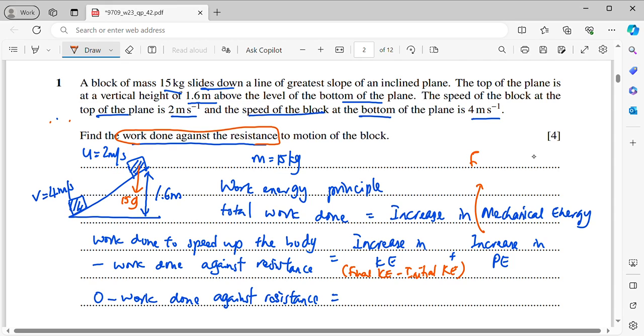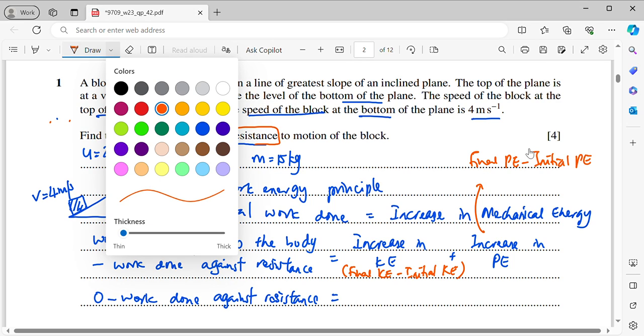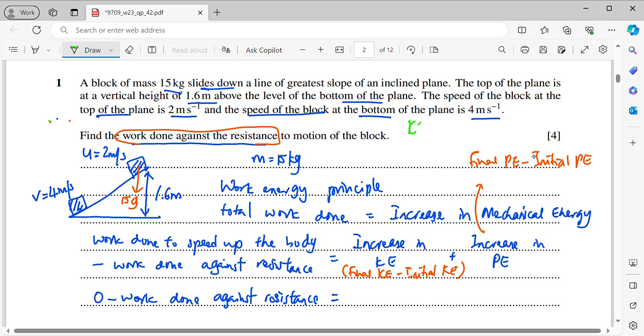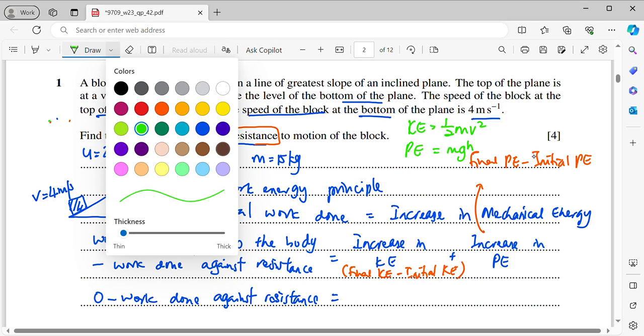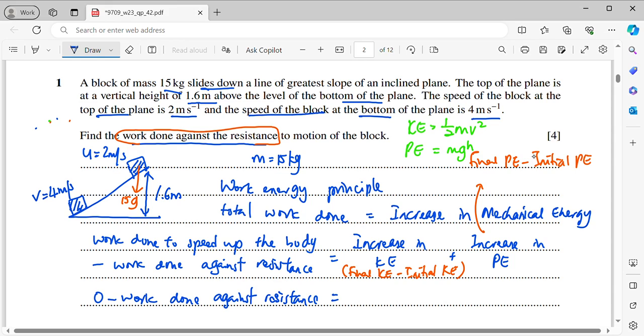This is the final PE minus initial PE. Now for your information, the kinetic energy is basically half mv squared or half mu squared. Then the gravitational potential energy is mgh. Alright, so now from here, I will just directly solve.